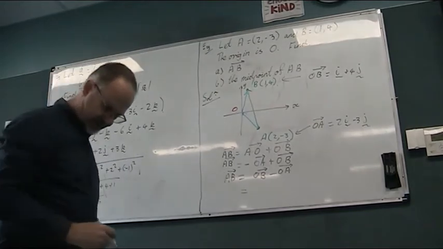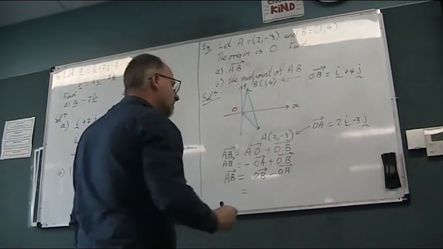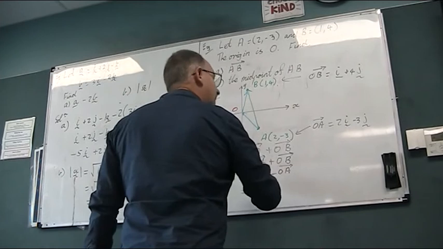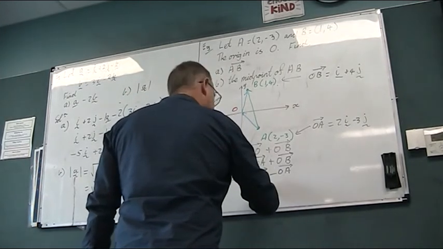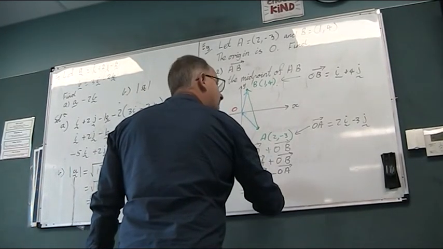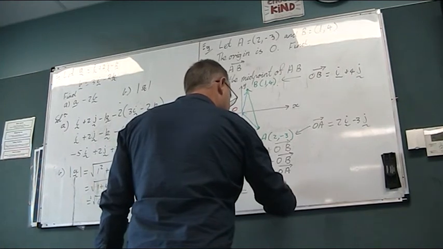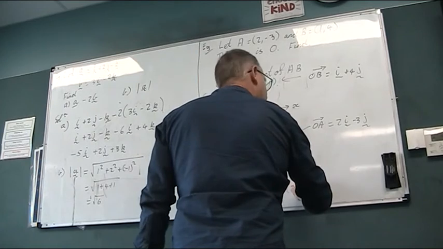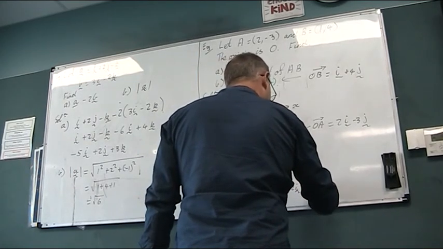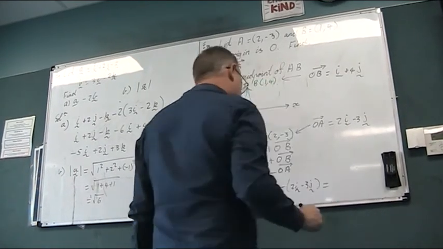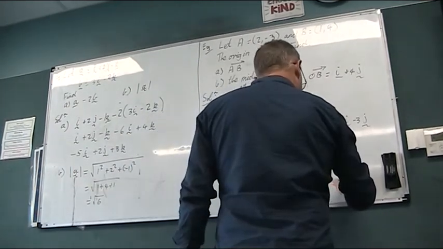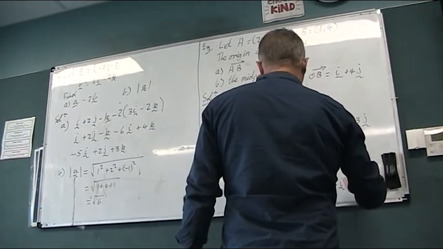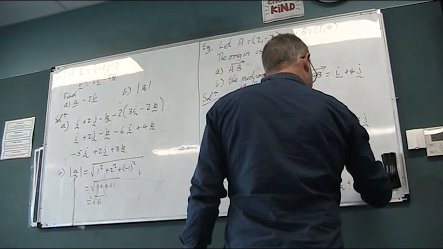So now we put those in and we add them together. So, where are we? So, i plus 4j minus 2i minus 3j, which would be minus i plus 7j.